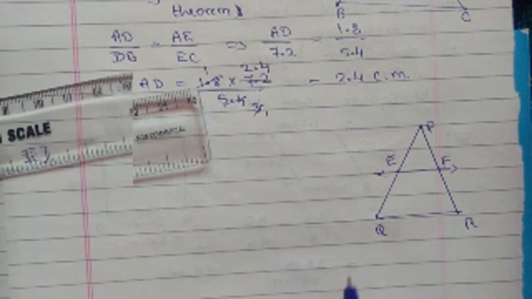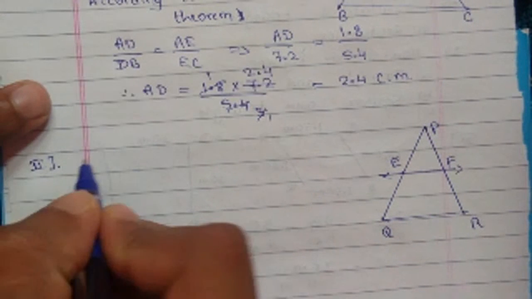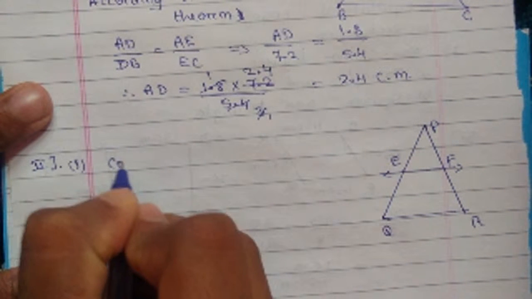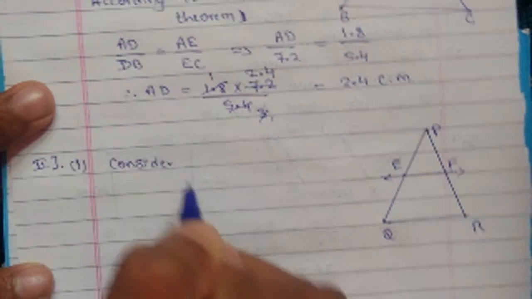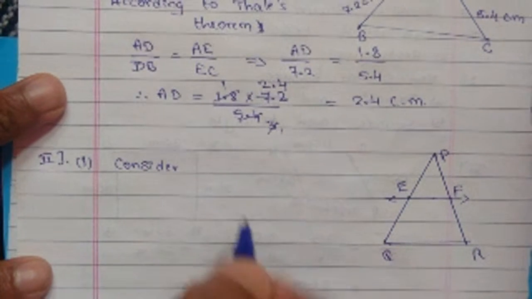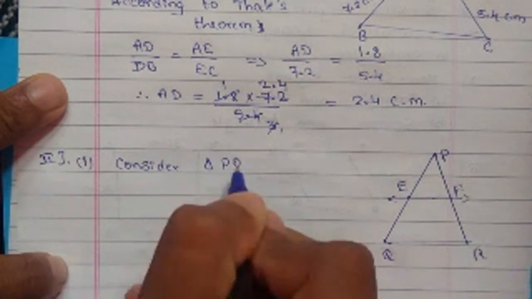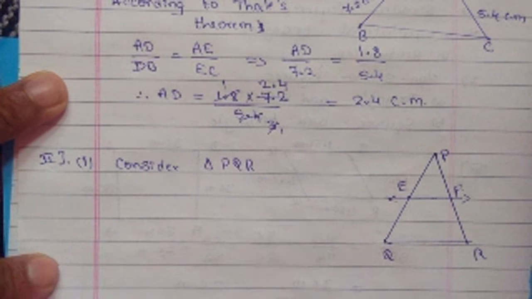So for that we will consider triangle PQR. Now we have to find out the ratios. The values are given.